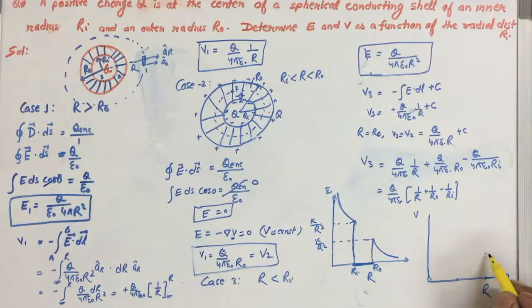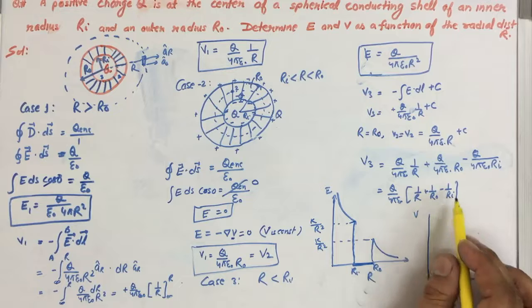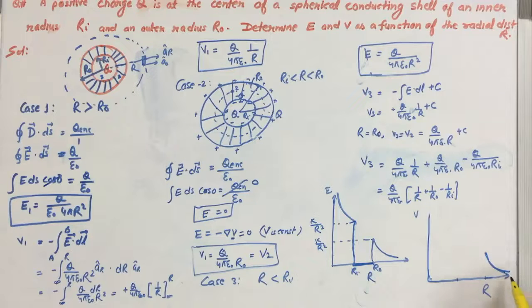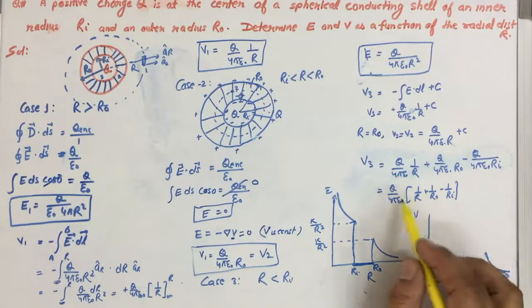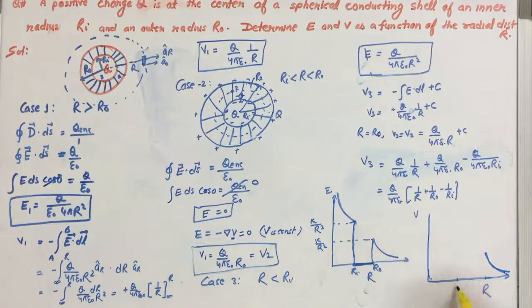So it will start and it will inversely vary with respect to R. You start from a point like that, 1 by R plus 1 by R naught minus 1 by Ri, with variation according to this, and between Ri to R naught it will remain constant, equal to this point. This is Q by 4 pi epsilon naught R naught.